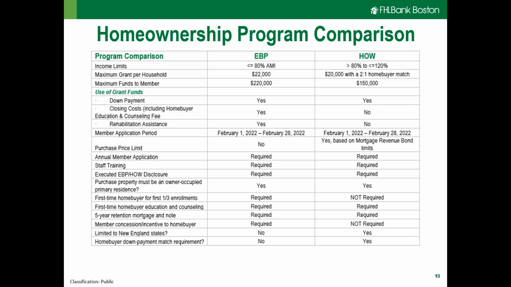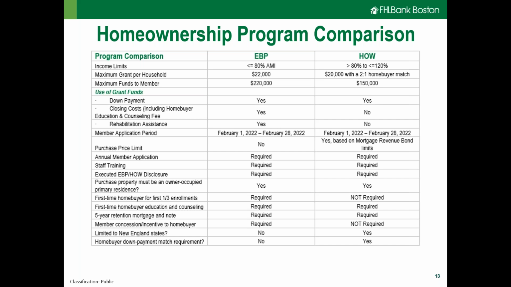And how about for down payment assistance only? So 2-to-1 matching. The borrower would bring $6,666.67, and the grant would be $13,333.33.